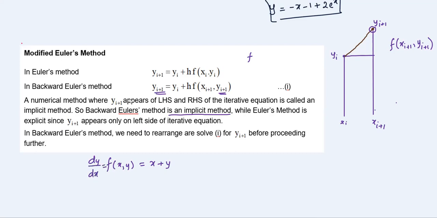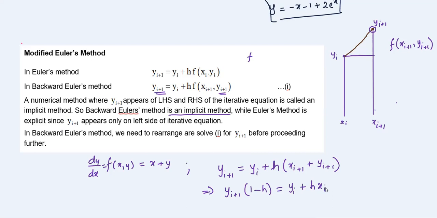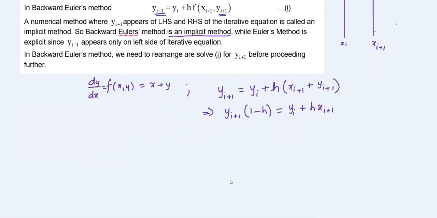So how does the backward Euler method iteration look? I get yi plus 1 is equal to yi plus h into xi plus 1 plus yi plus 1. So what I do, yi plus 1 times (1 minus h) is equal to yi plus h times xi plus 1.